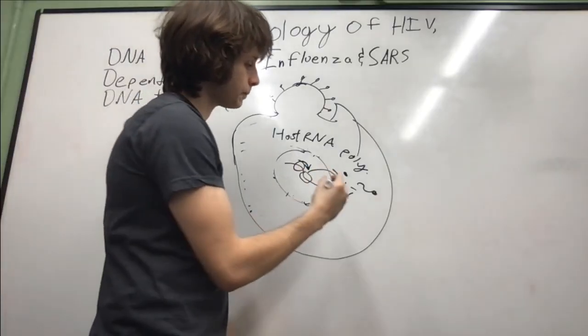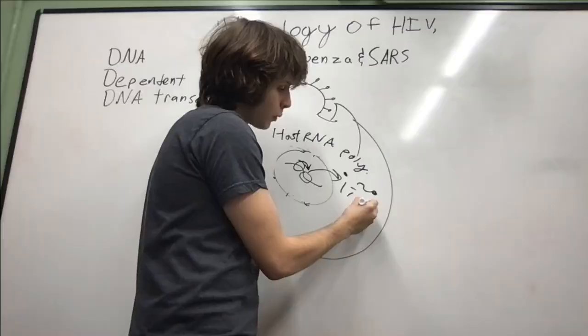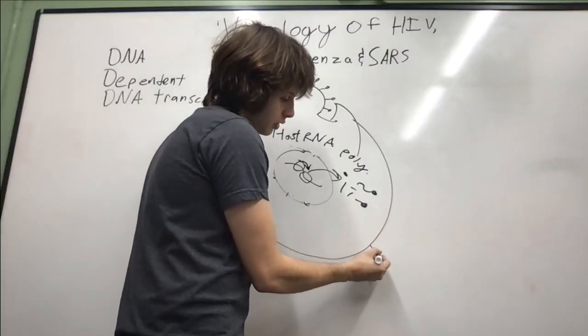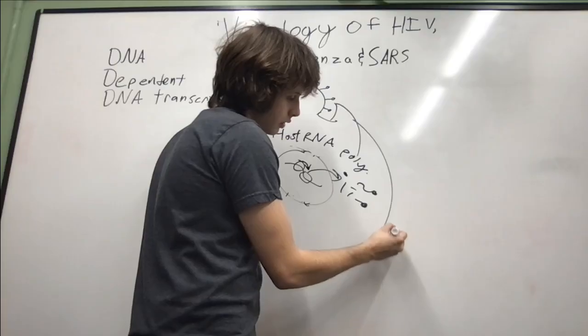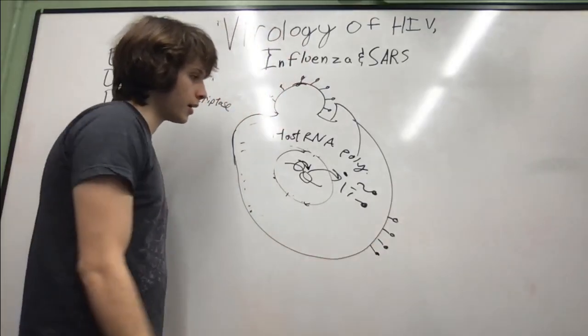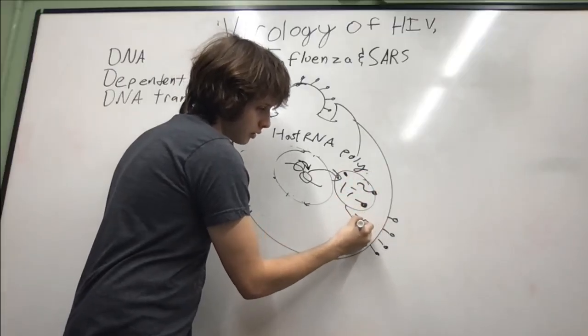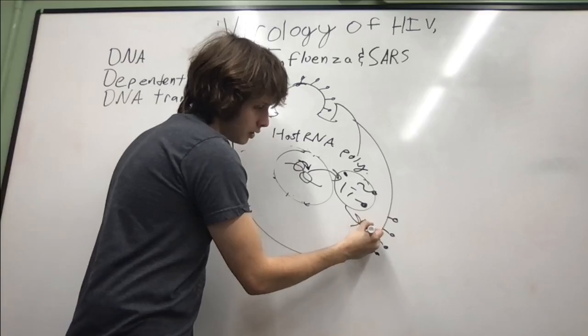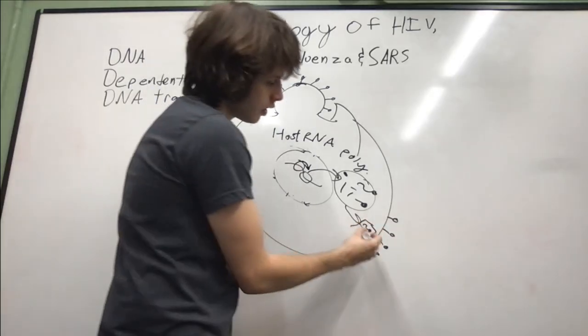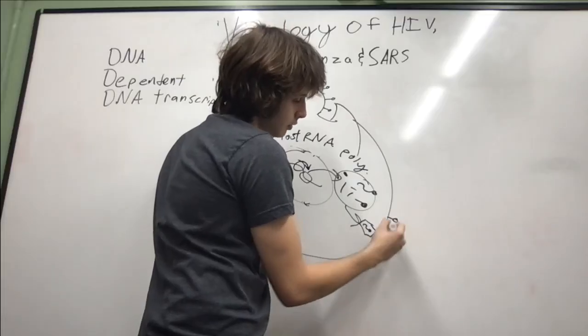It's forming the glycoproteins, which start falling off here onto this. These will form in here. All our enzymes and proteins that we can use to infect the next cell form up here, and this begins to bud off.